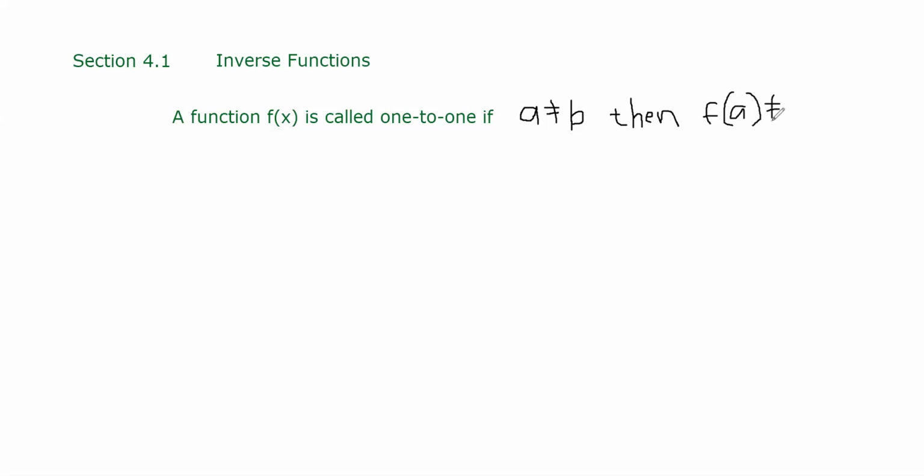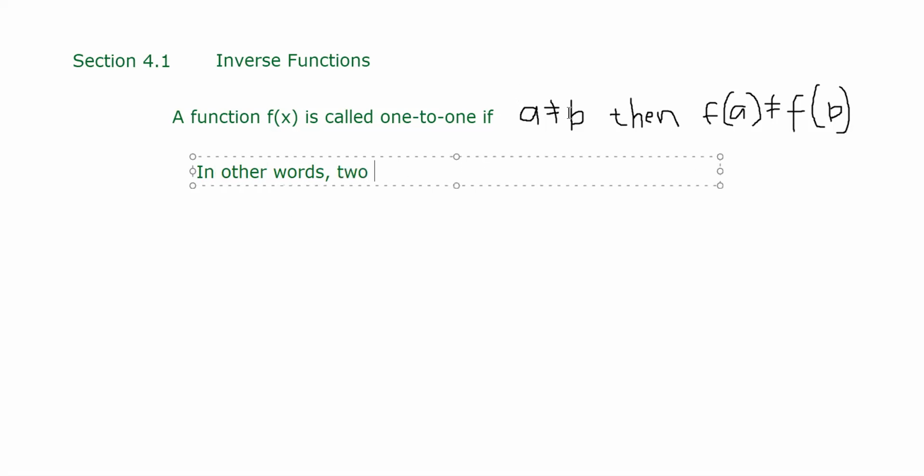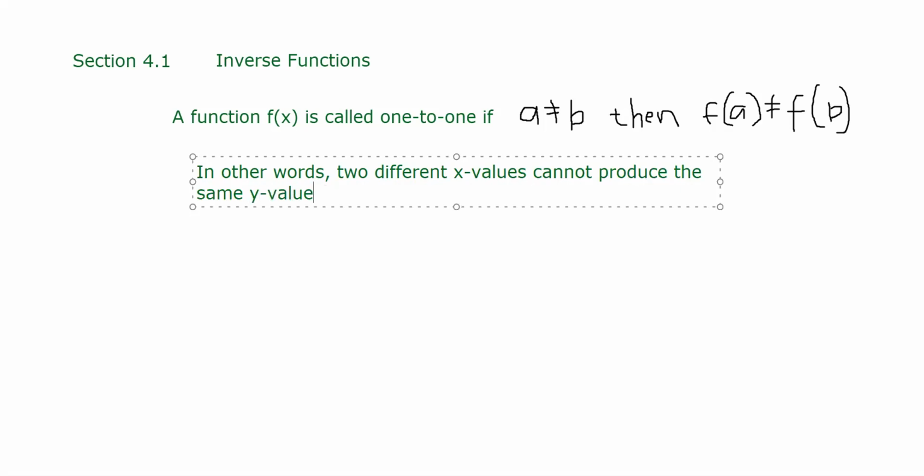And that is an incredibly fancy definition. In other words, two different x values, which we're just calling a and b, cannot produce the same y value.